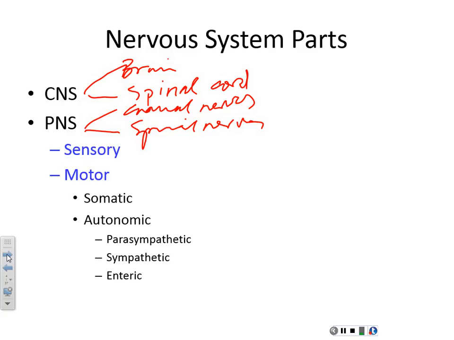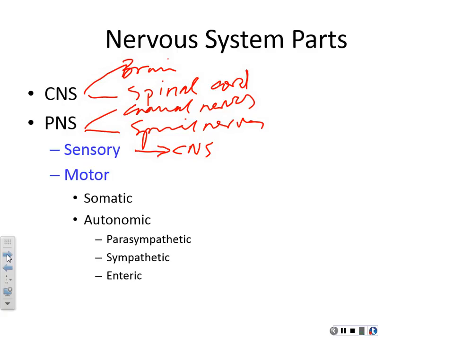And this is the one, the sensory is the one that takes all the sensory information, takes it to the, remember the sensory function we just talked about? So it is towards the CNS, right? It collects from the periphery. It is the motor division that's divided into the somatic, which deals with muscles, and the autonomic, right?